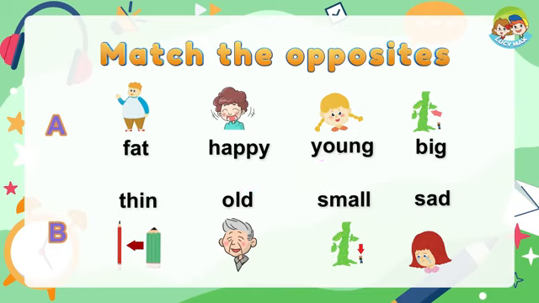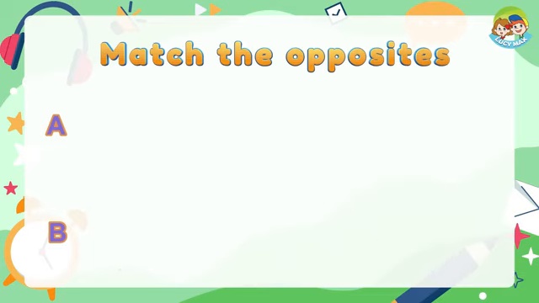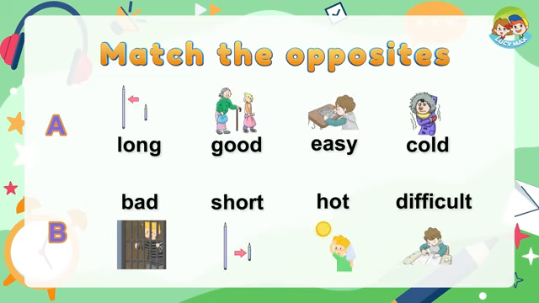Big. The opposite of big is small. Long. The opposite of long is short. Good.